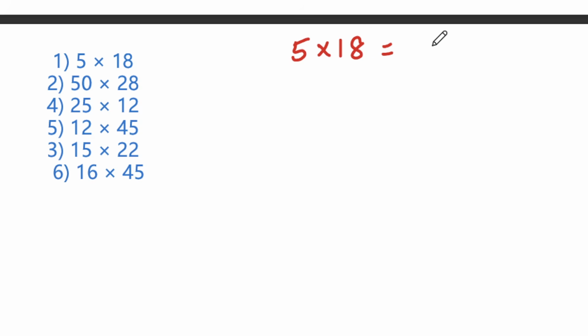5 eights are 40, 0 balance 4, 5 ones are 5. One minute, students, sorry. I'm making some mistake here.